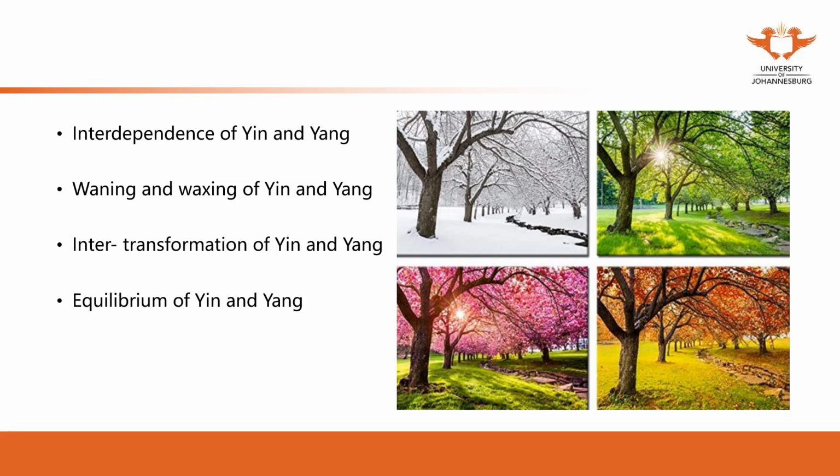For example, as you can see in this image on the right side, you see the sun. However, you also see the shade. You see the sun, you see the shade. So that's yin and yang. They will happen together. When we look at society, for example, now in South Africa, we always talk about corruption.